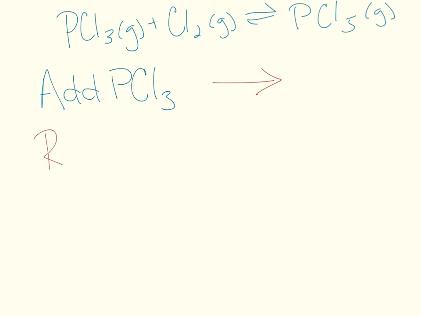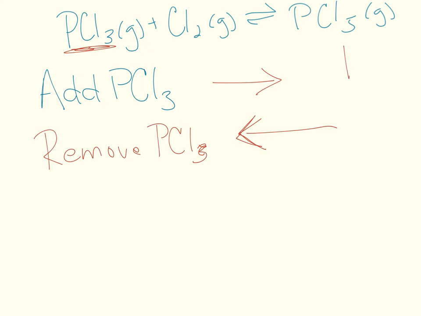Okay, so now let's do another one. What if we remove some PCl3? If we remove some PCl3, the overall equilibrium is going to shift towards the reactants. If we remove some of the reactant, in order to achieve the same Kc that we had started with, we need to decrease the amount of product and increase the amount of reactant.